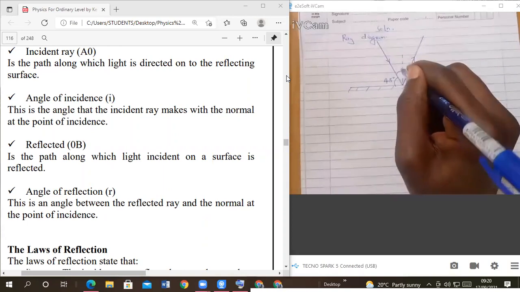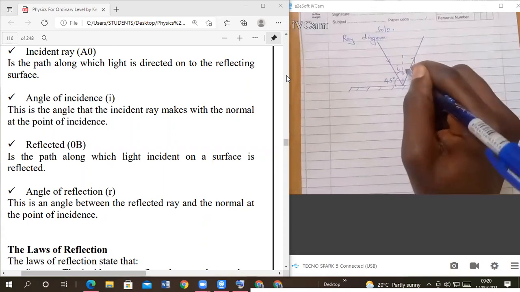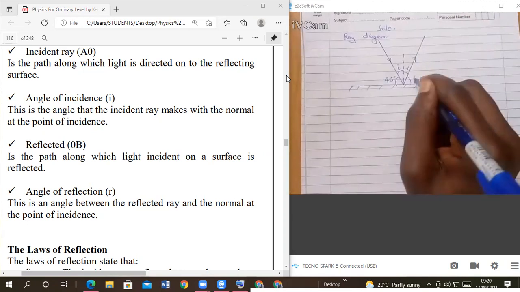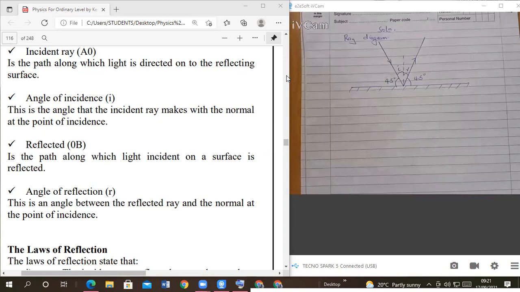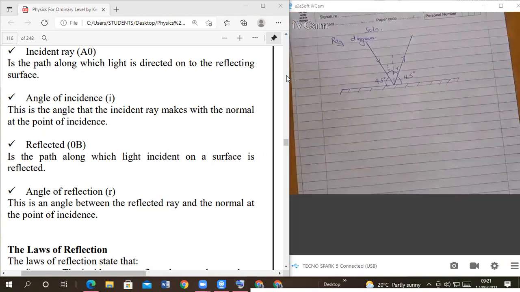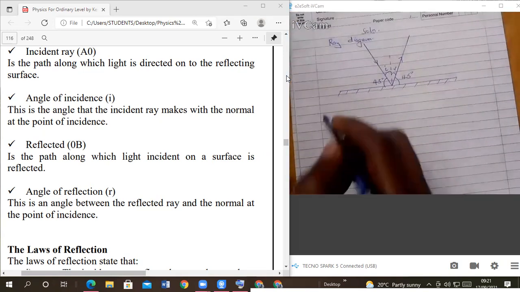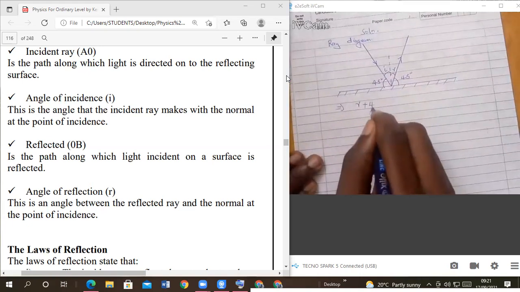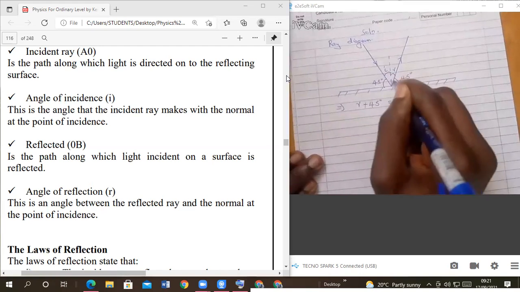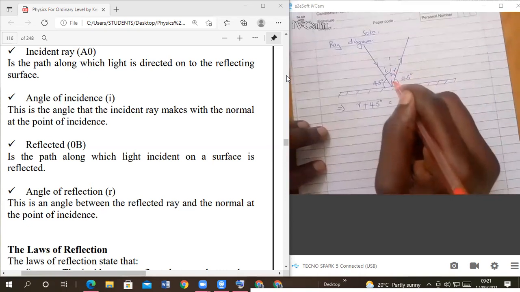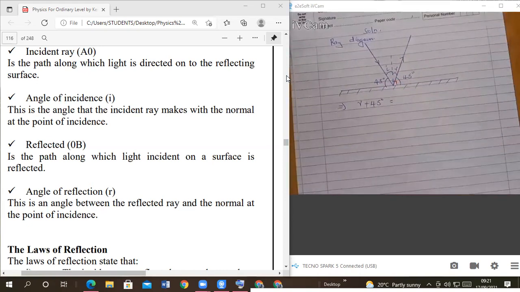This is the angle of incidence, I. This is the angle of reflection, R. But this angle is also 45 degrees, because it is still our glancing angle. So to find the angle of reflection, R plus 45 degrees. Remember, this is a normal line, so the angle formed is 90 degrees.